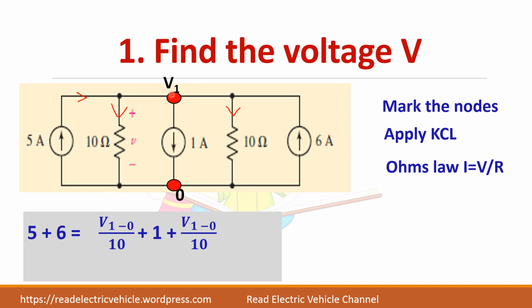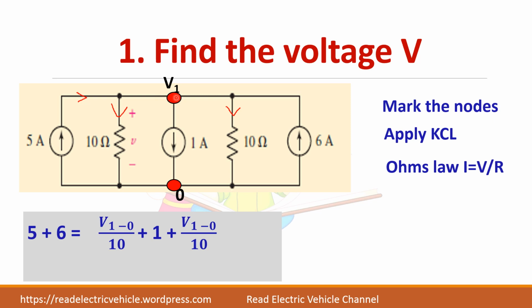What is current? I is equal to V divided by R. I am writing V1 minus 0, that is the reference potential, so (V1 minus 0) divided by 10 is the current through this branch.